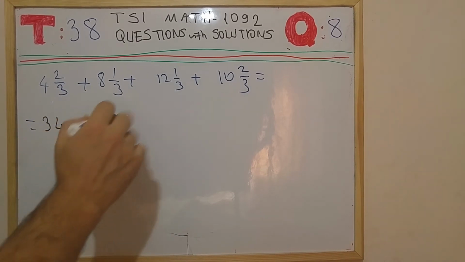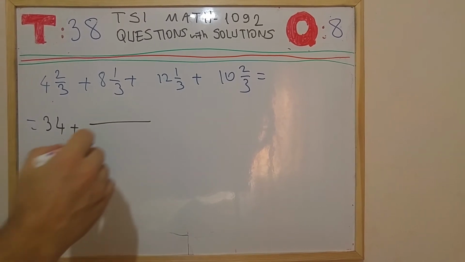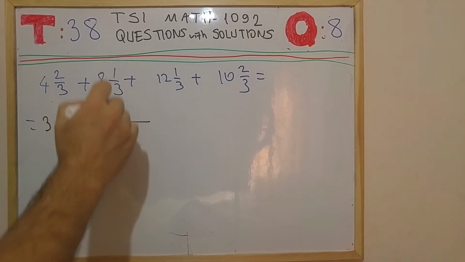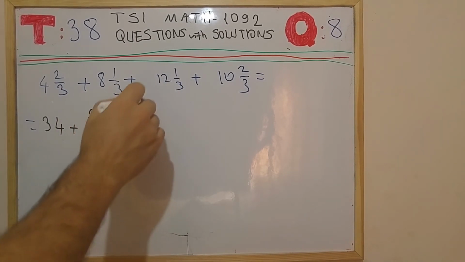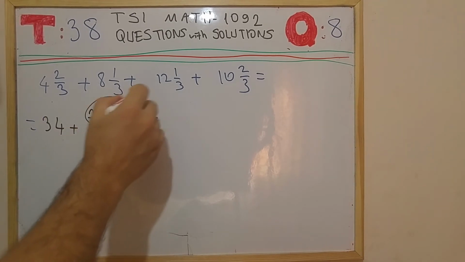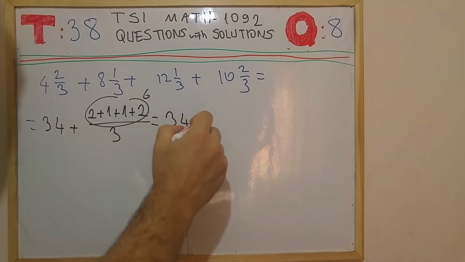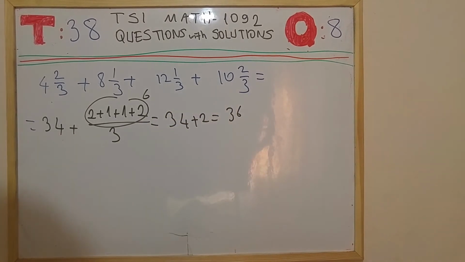Plus all of them have the same denominator of 3, and we have 2 plus 1 plus 1 plus 2. This makes 6. And 6 divided by 3 is equal to 2. So what I need is 34 plus 2, which makes 36 meters.